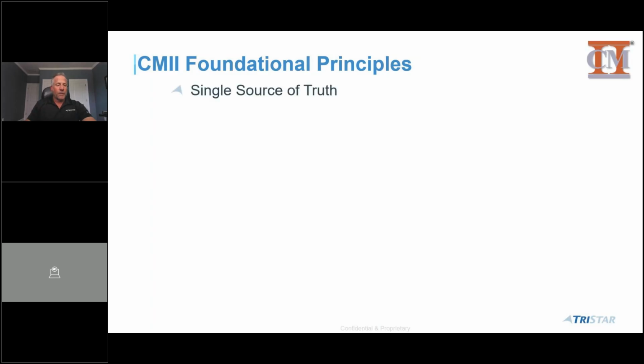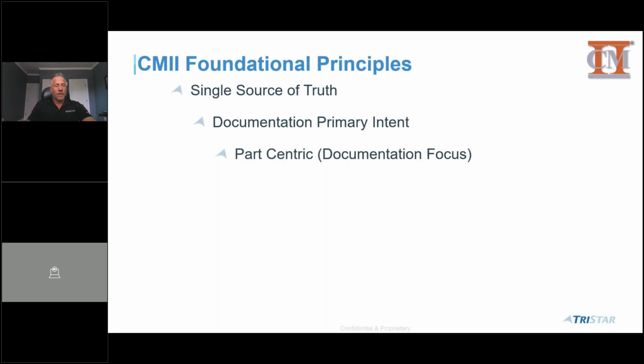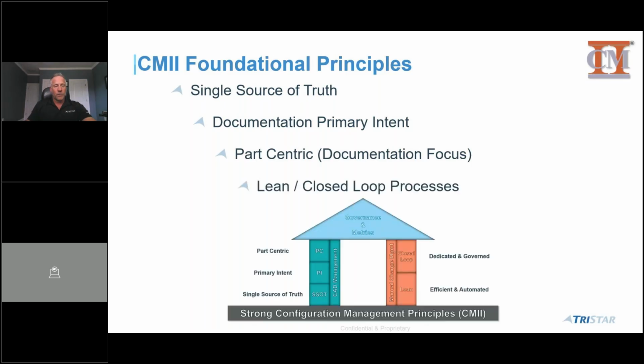There are items like single source of truth, documentation primary intent, part-centric documentation, and lean closed loop processes. The pillars of CM2 and those strong configuration management principles build up to being able to do good governance and metrics.